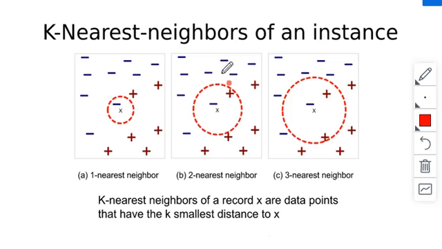So what is this actually? K nearest neighbors of an instance. This figure shows one nearest neighbor, two nearest neighbor, three nearest neighbor.